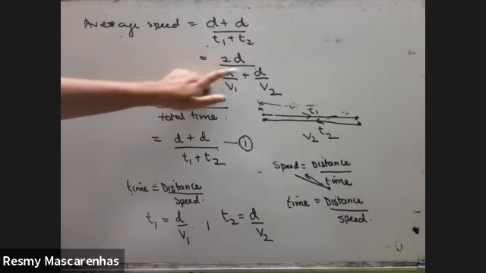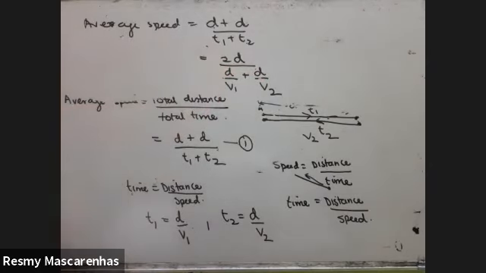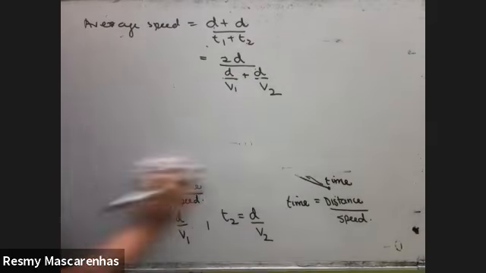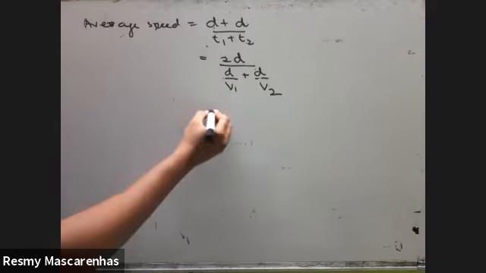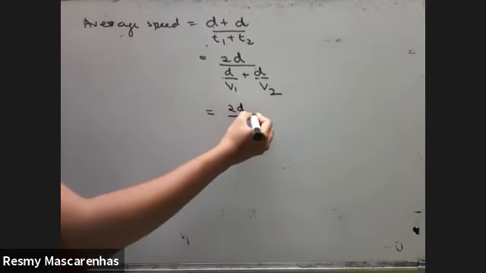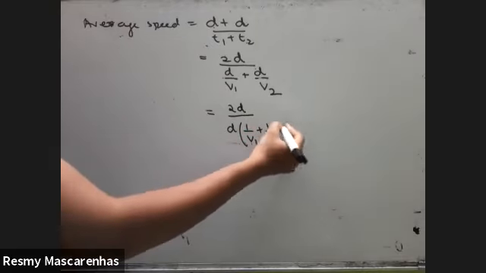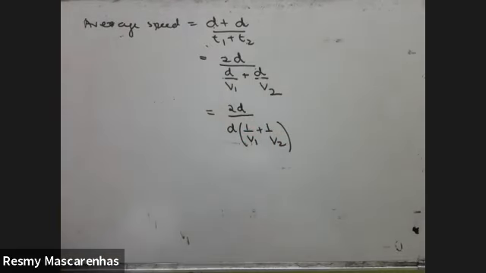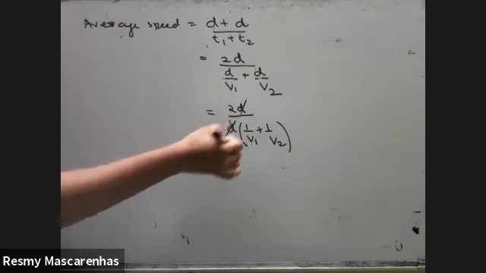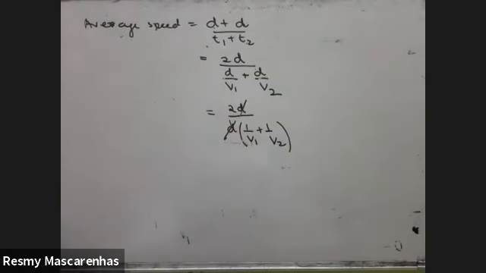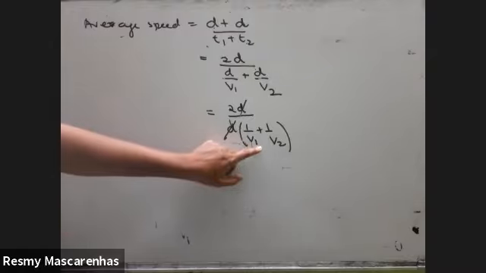Now what is common between the two terms? D is common. So just take out D common. So what will remain? 1 upon V1 plus 1 upon V2. And what is going to happen? D and D will cancel. So if you notice, everything is only in terms of V now.